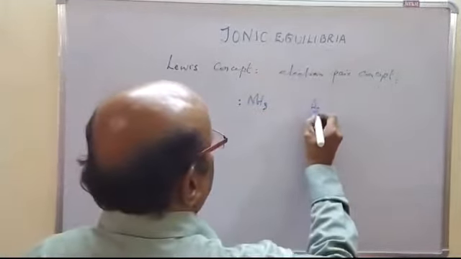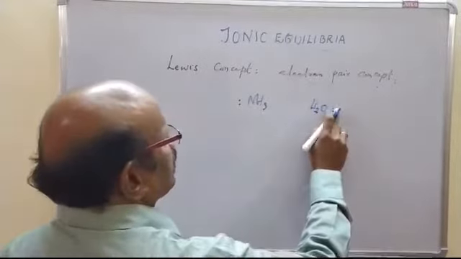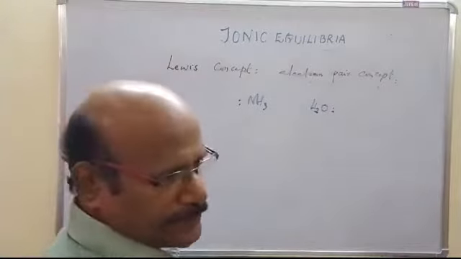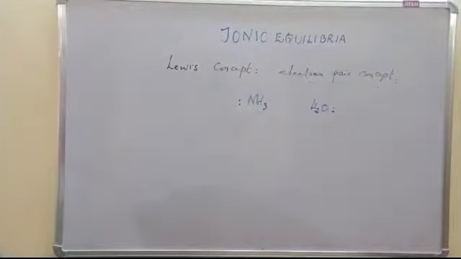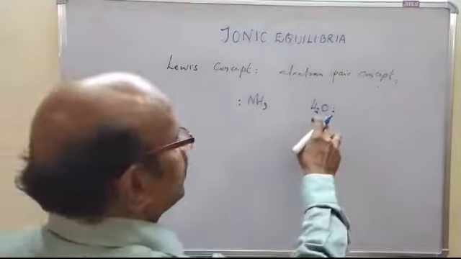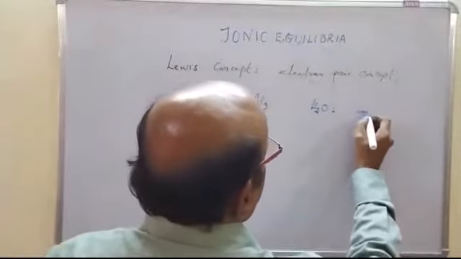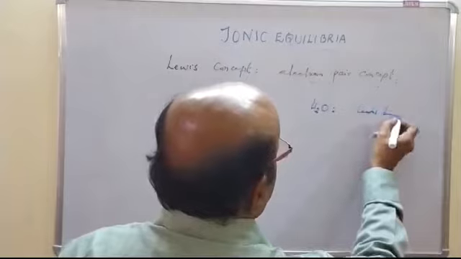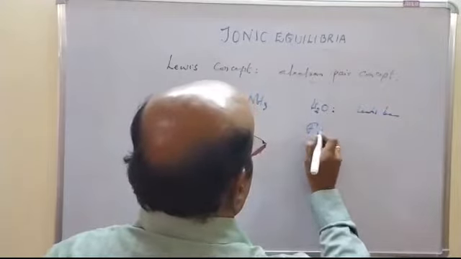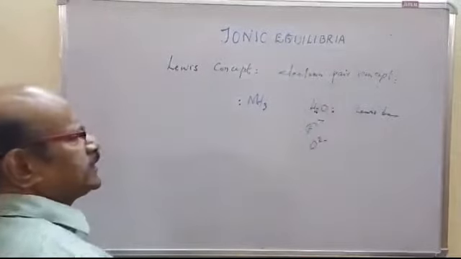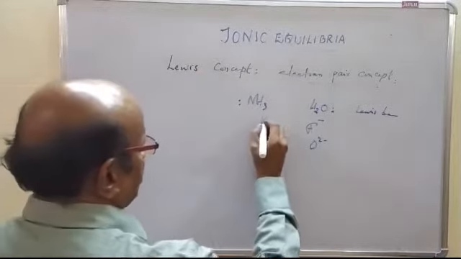Even H2O can act as a Lewis base. So any anion that contains a lone pair of electrons acts as a Lewis base. Similarly, F minus, O2 minus, all these are Lewis bases. Cl minus can even act as a Lewis base.